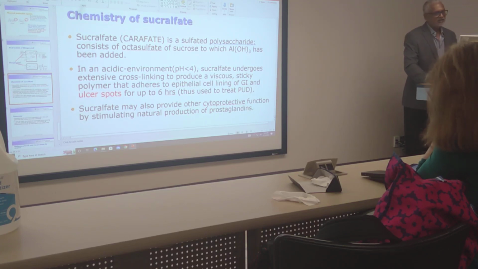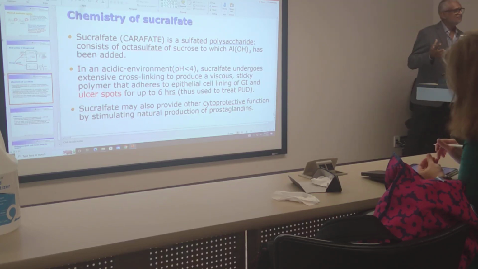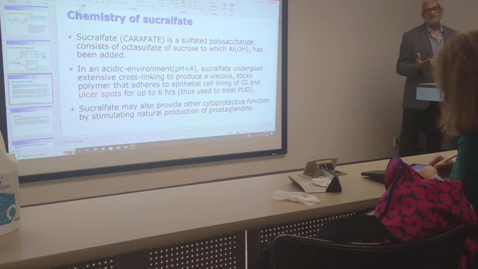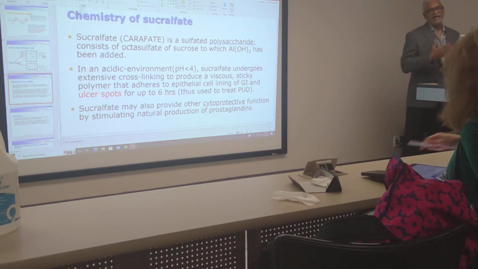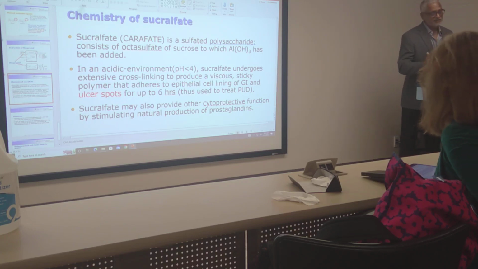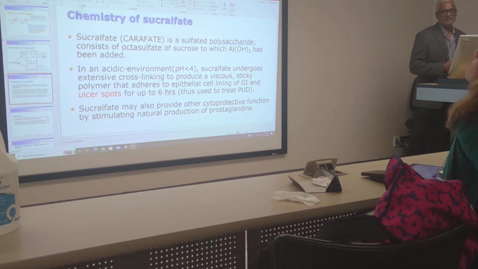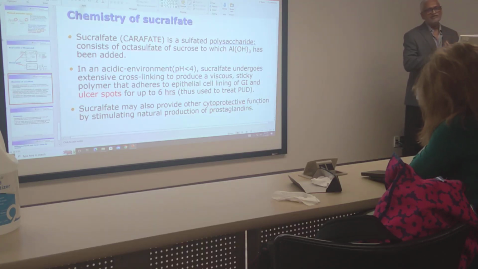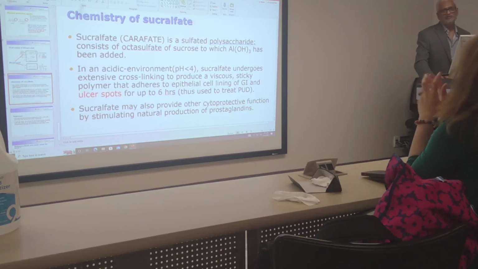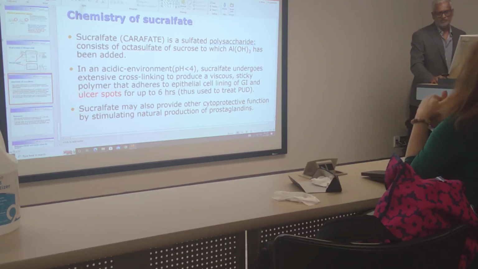This synthetic mucus-forming agent stimulates the prostaglandin-induced mucus, so it will protect the cells from the action of the acid. So it is more helpful to treat PUD, peptic ulcer disease patients. If there is an ulceration, you can try to treat with sucralfate. That will help give relief.